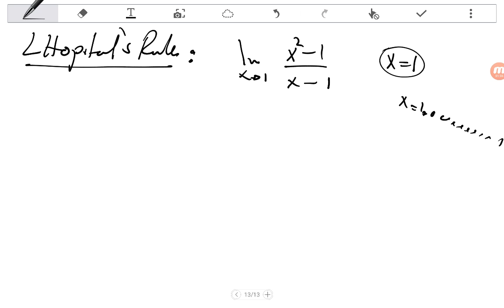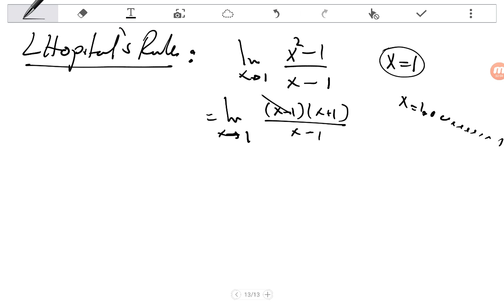How could I find it? The first method to find this is to make a simplification. Any cancellation, I make the necessary cancellation to find this limit. For example, this one, which will be x approaching 1, I make factorization in the numerator, which will be x minus 1, x plus 1, over x minus 1.